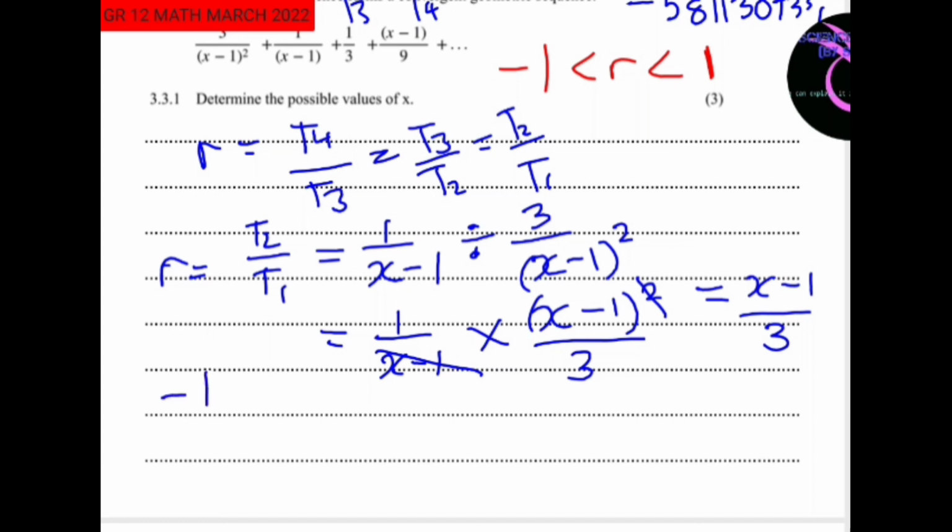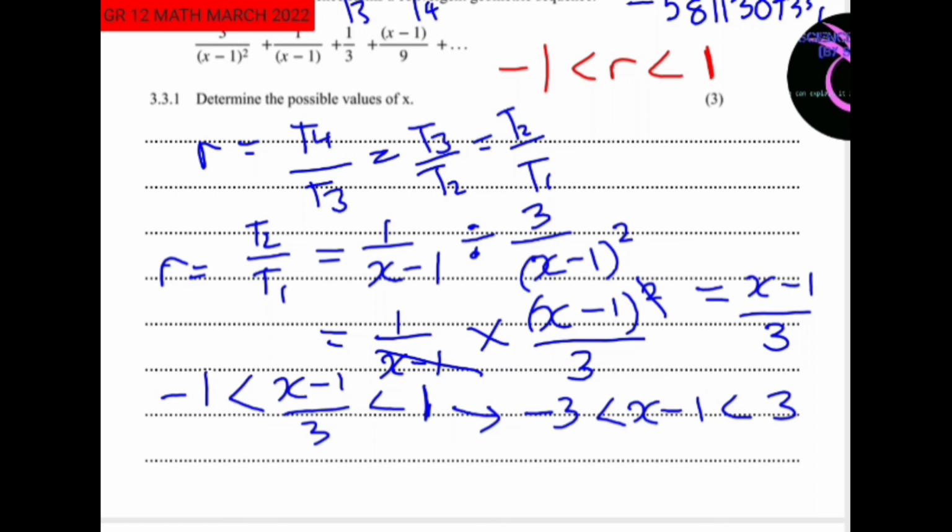So now to feed it into that, I'm going to have minus 1 less than x minus 1 over 3 less than 1. Get rid of the denominator 3. You end up with minus 3 less than x minus 1 less than 3. How do we get rid of this negative 1?